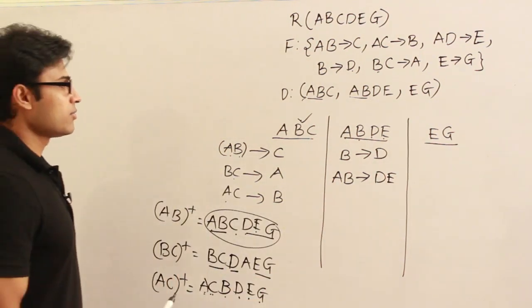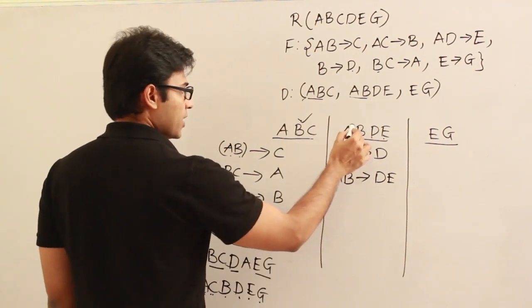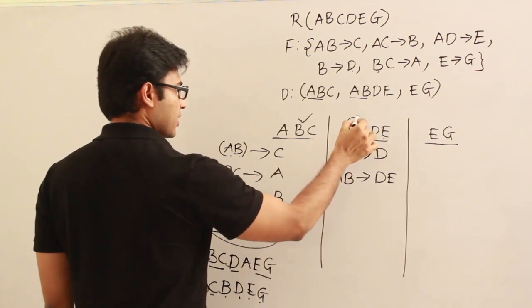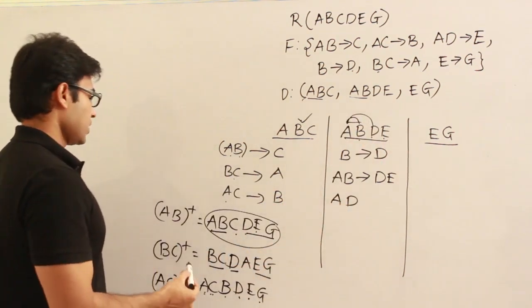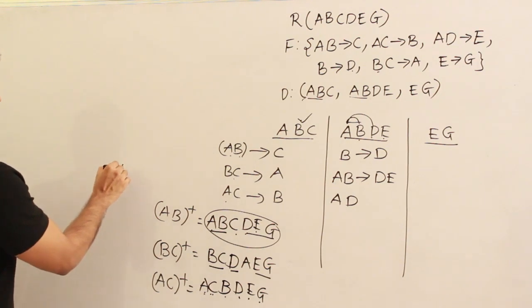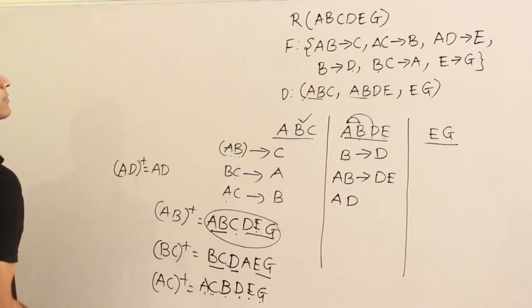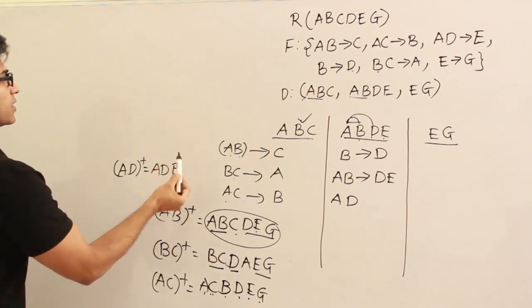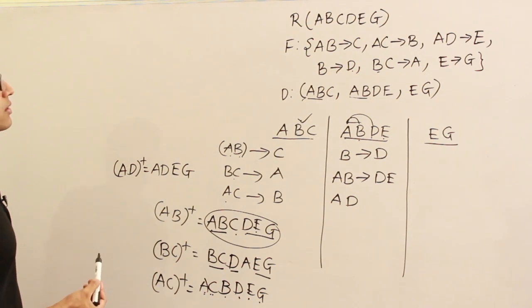Next one is, after AB, AB is over, right? Next I am going to find out AD. So AD plus contains AD, and because of AD I get E, and because of E I get G, right?